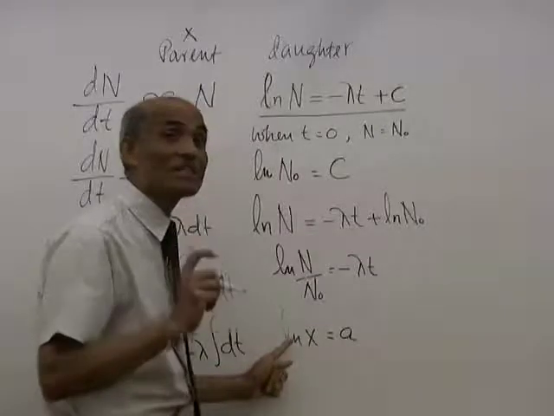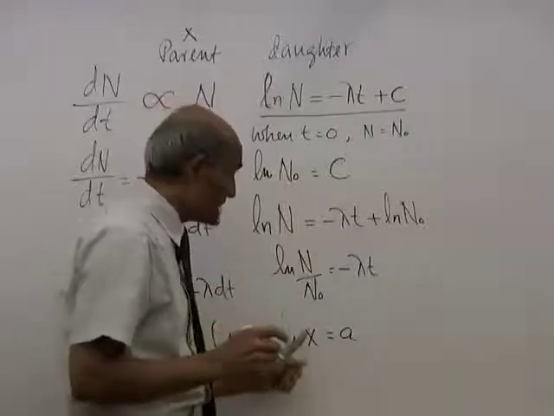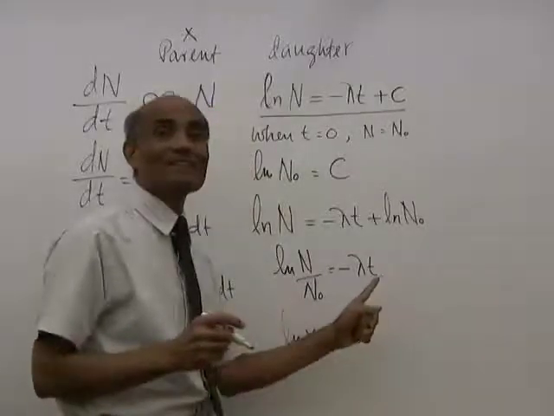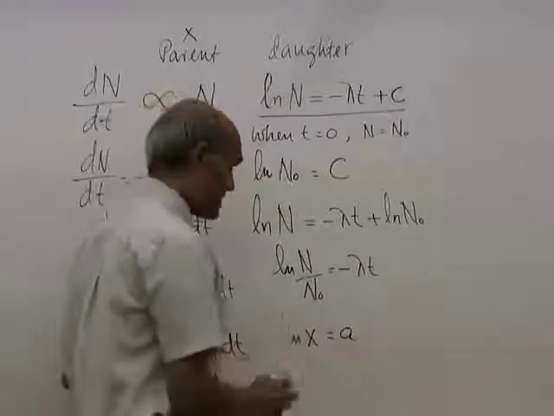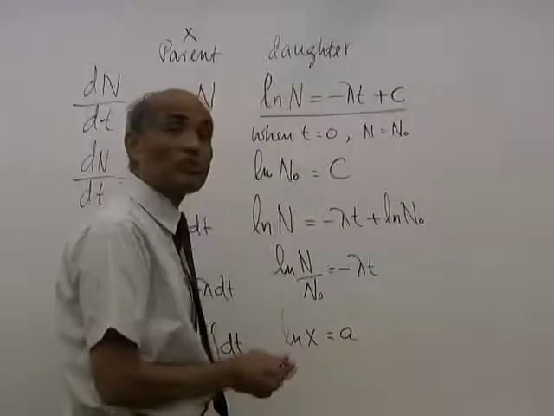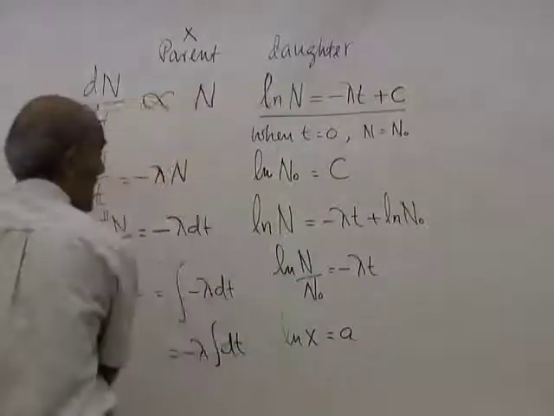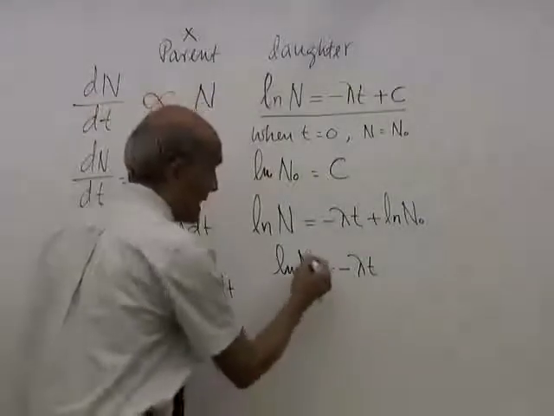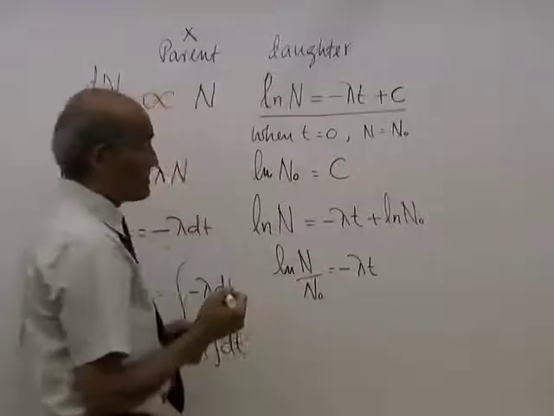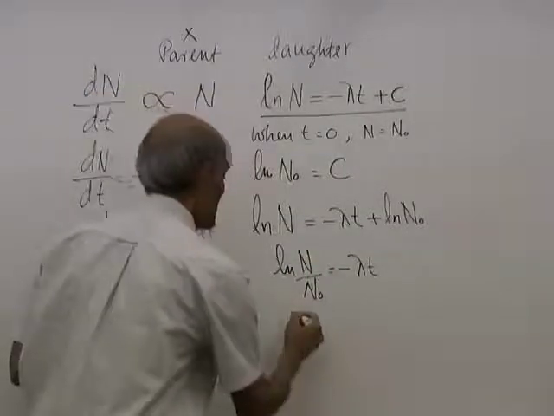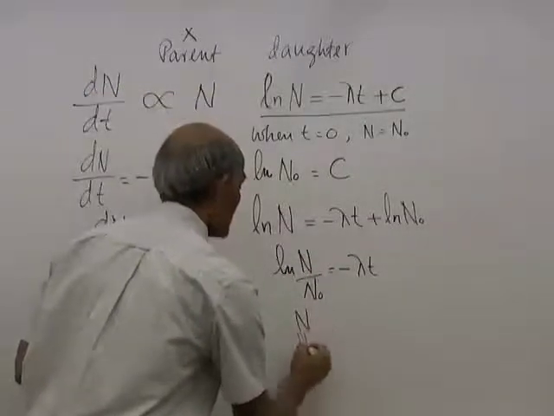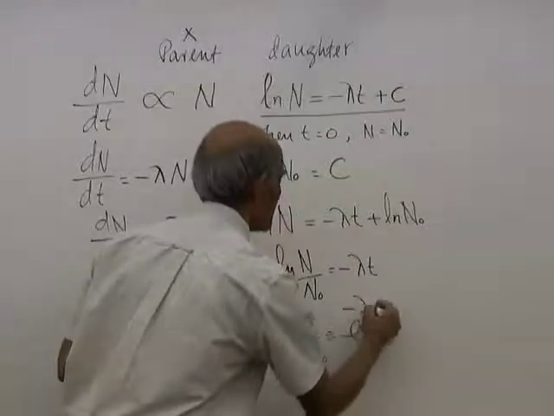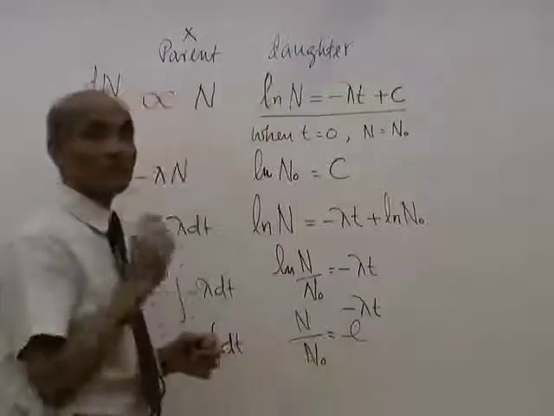The base here is e. So this actually means x equal to e to the power of a. That's the meaning of this. ln x equal to a means x equal to e to the power of a, which brings us to ln n over n0 equal to negative lambda t, means n over n0 equal to e to the power negative lambda t.